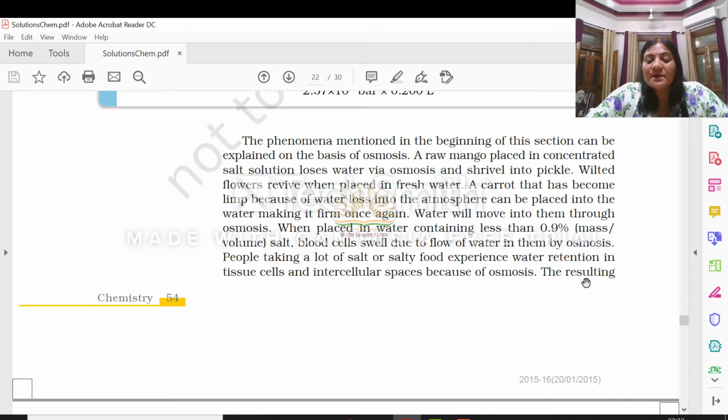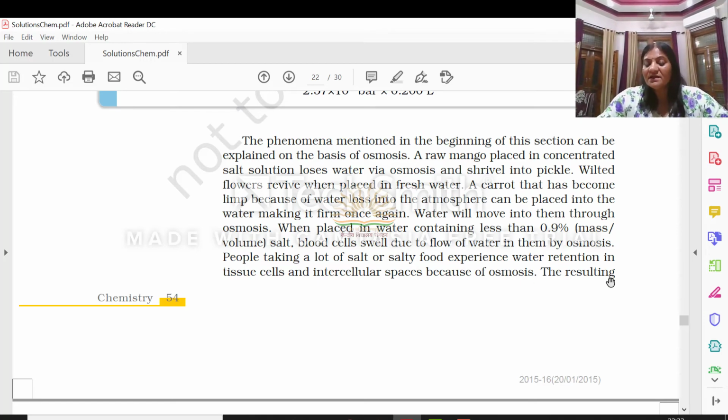Edema is the stage where water will move. When placed in water containing less than 0.9% mass by volume salt, blood cells swell due to the flow of water into them by osmosis. People taking a lot of salt or salty food experience water retention in tissue cells and intercellular spaces because of osmosis.